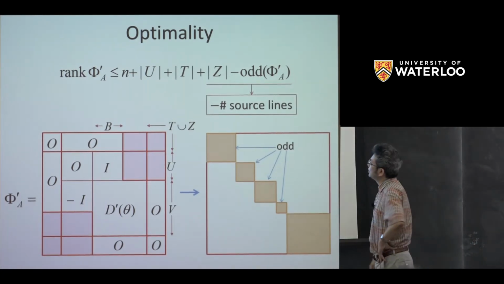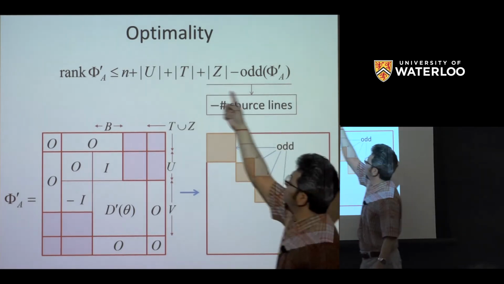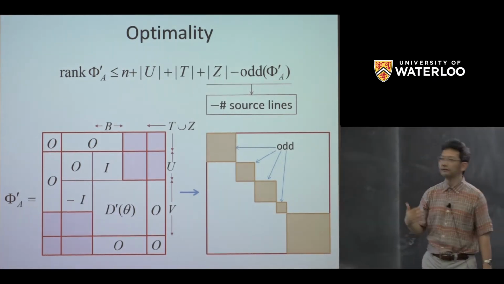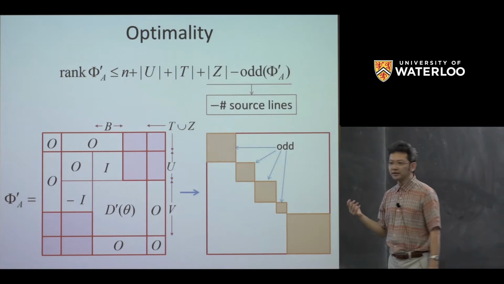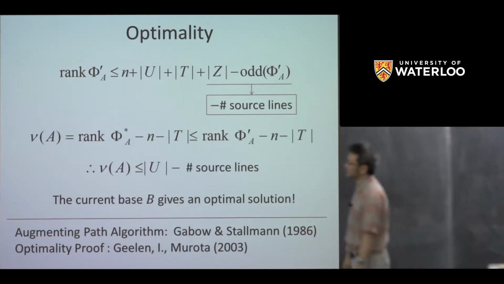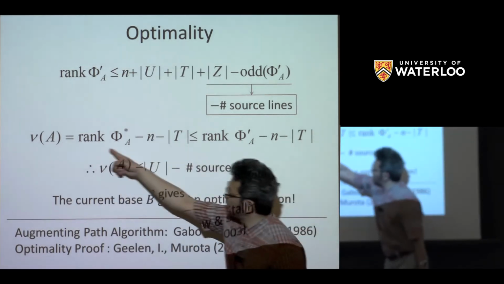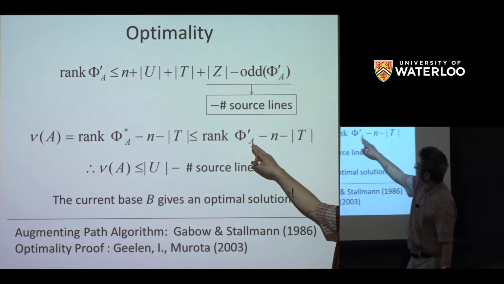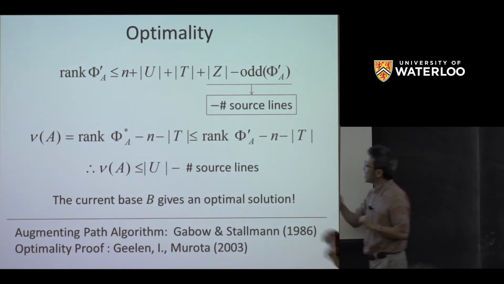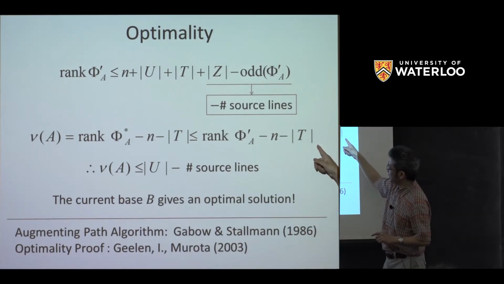And in fact, if we pay attention to Z minus these terms, then it is equal to the number of the source lines. What does this mean? So we have already seen that our optimal value is given by this way. And since adding the rows and columns doesn't decrease your rank, we have this inequality here. Now, this is it, okay?